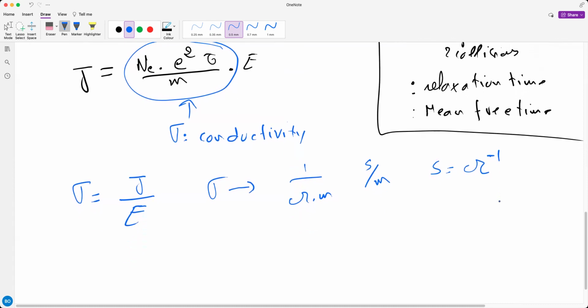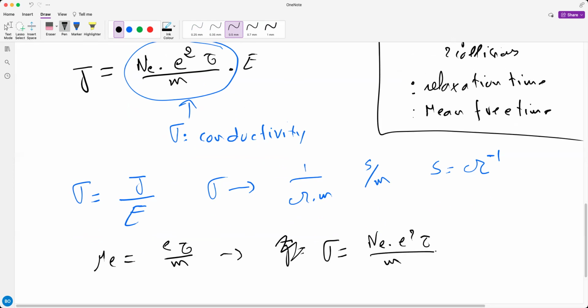Okay. Now, we also know that the mobility is equal to e tau over m. We can also express the conductivity: the conductivity is equal to n e squared tau over m.